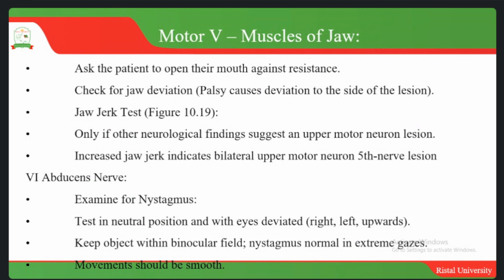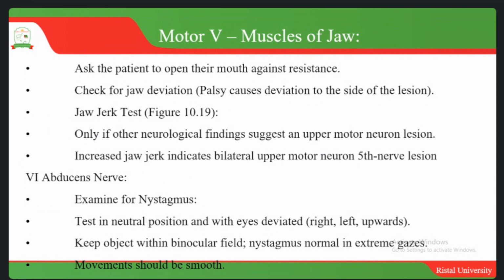And then the motor nerve 5, muscles of the jaw. Ask the patient to open their mouth against resistance. You put resistance on the jaw of the patient and tell them to open. Then also check for jaw deviation, and palsy causes deviation to the side of the lesion. Where there is a lesion, it will not allow the jaw to open in the same way.